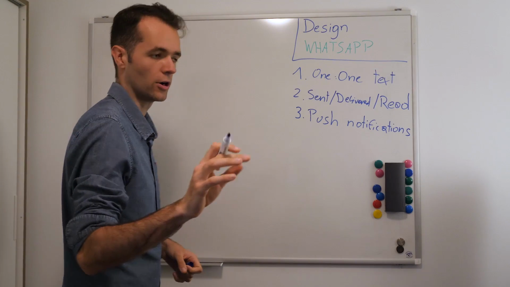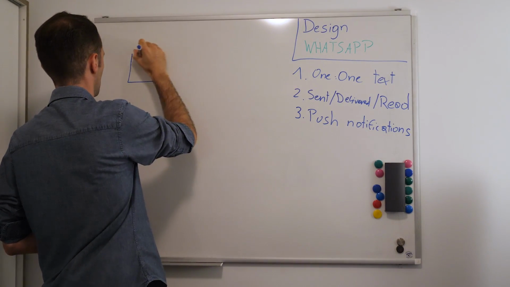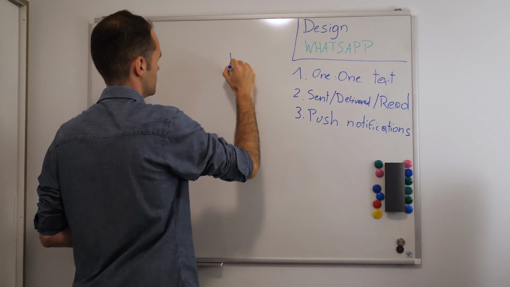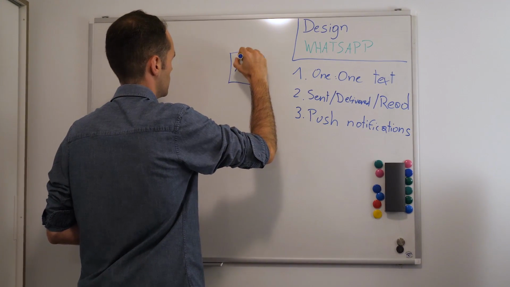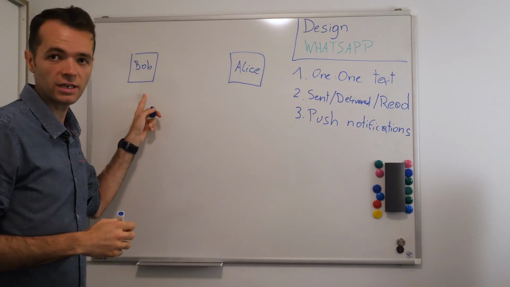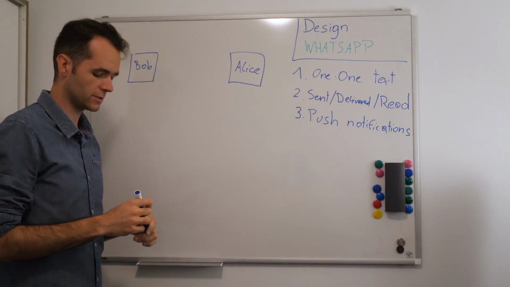So, very broad, we have Bob and Alice. Those are our two parties, and they want to exchange messages.